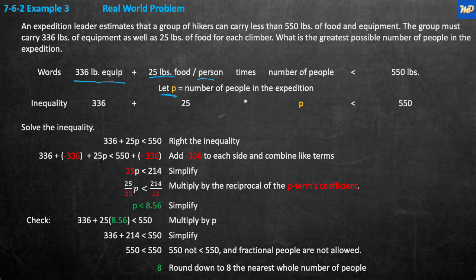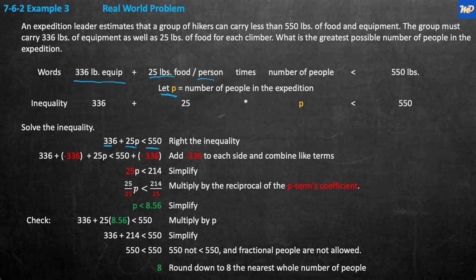Okay, let's write our inequality out and solve it. We have the 336 from above, we have the 25 pounds of food per person right here, and it has to be less than 550.